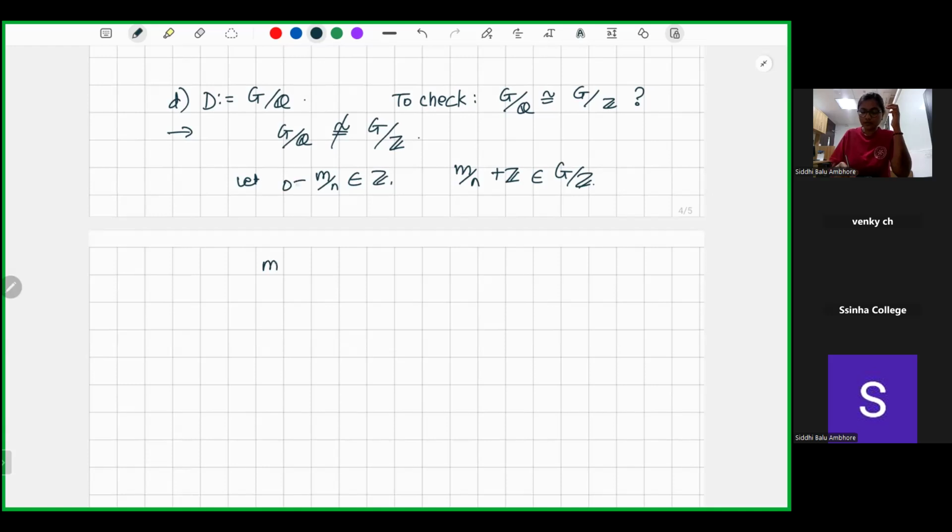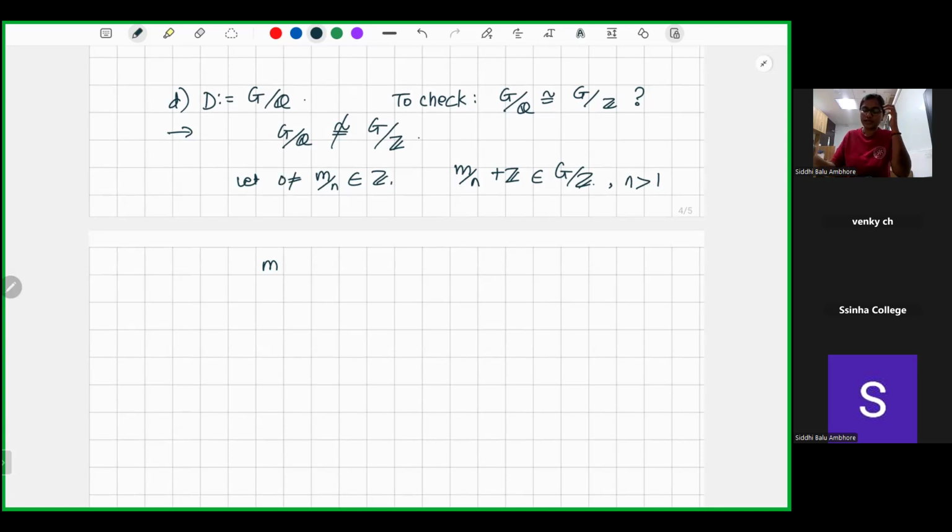The only thing I need is that n is greater than 1, and m non-zero.